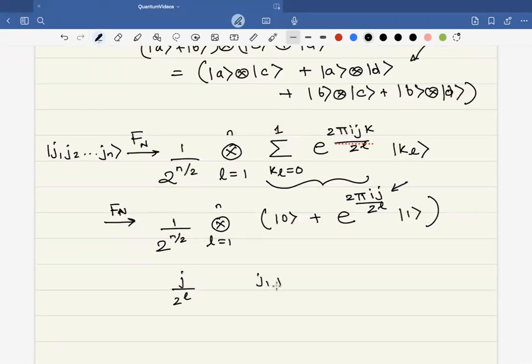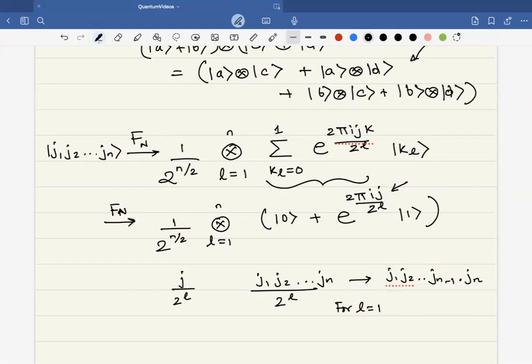So j1, j2, ..., jn over 2^L. Suppose L is equal to 1 and I divide it by 2, then this will be j1, j2, ..., jn-1 dot jn.